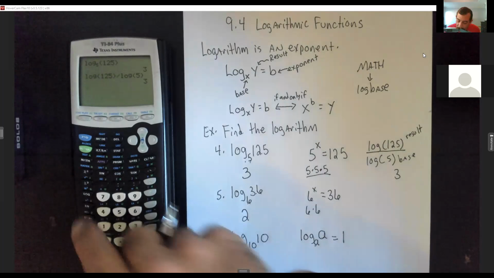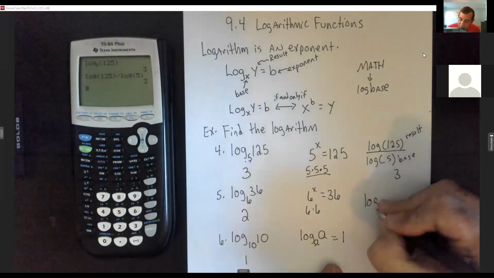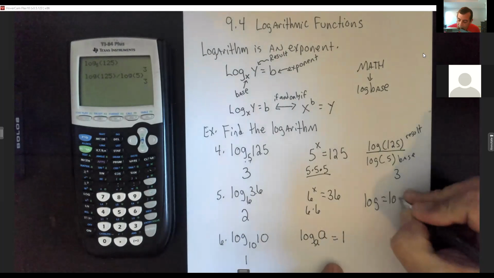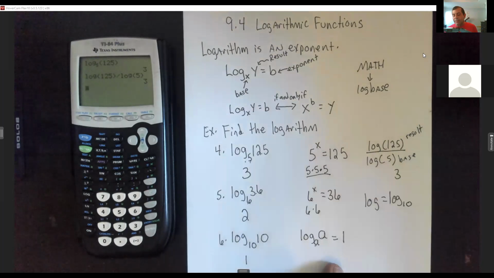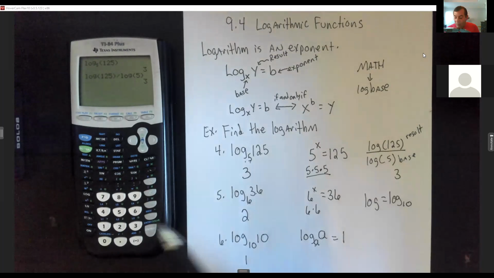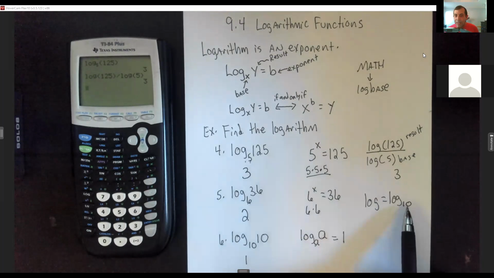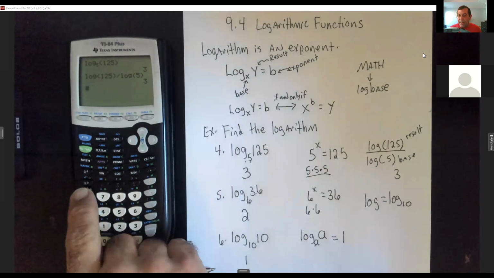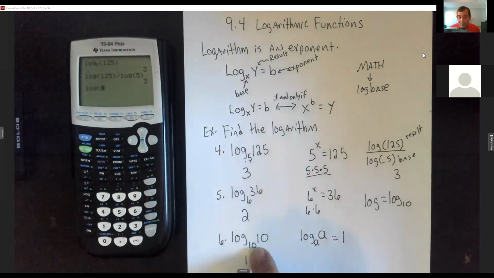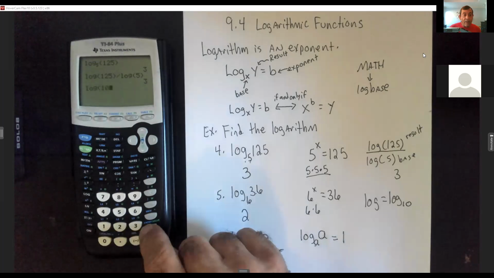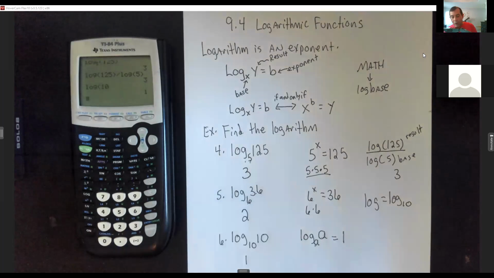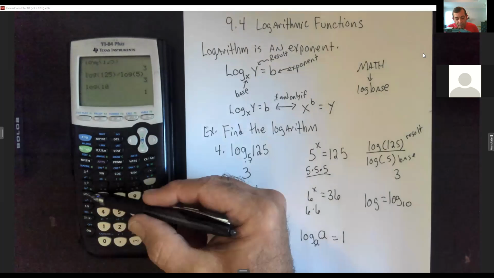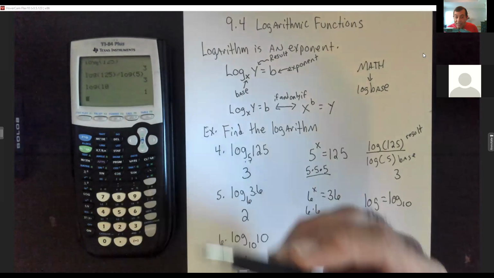The log on the calculator is a log base 10 logarithm. Anytime there's not a number shown, it's automatically a 10 when it deals with logarithms. So you could use it for this problem: just put in log of 10 and hit enter, and it's going to give us 1.